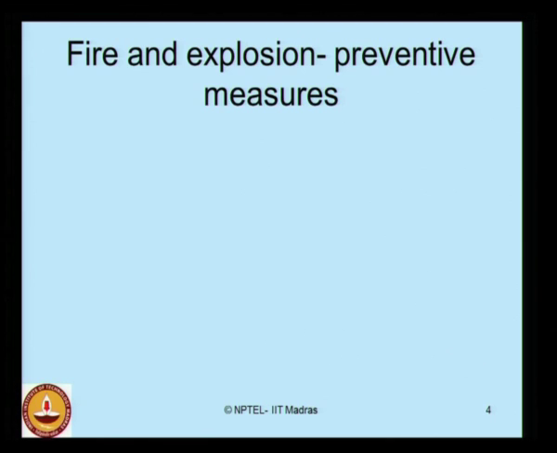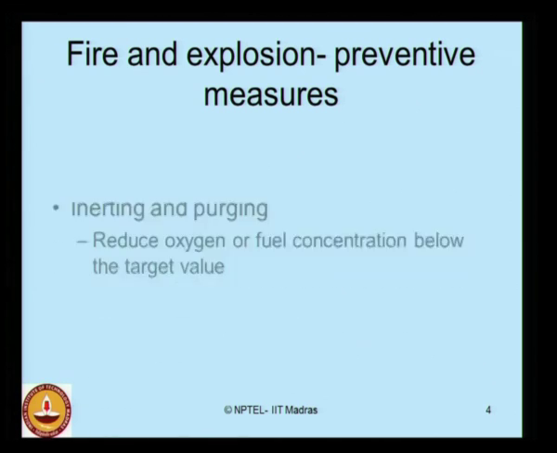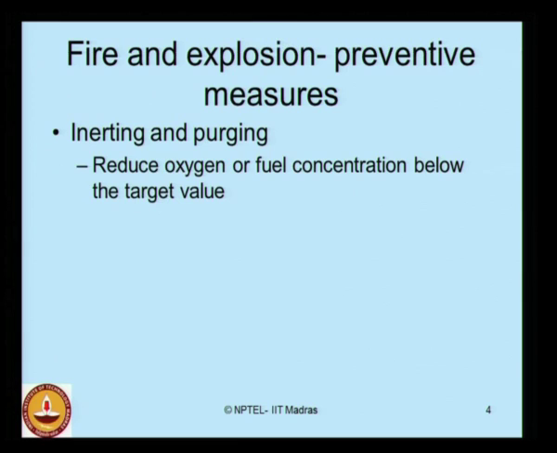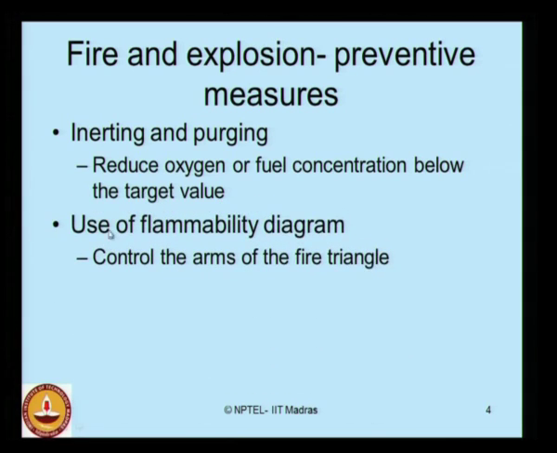There are many preventive measures for fire and explosion. One is what we call inerting and purging. This is a mechanism by which you reduce oxygen content or the fuel concentration below a target value. You can use the flammability diagram.